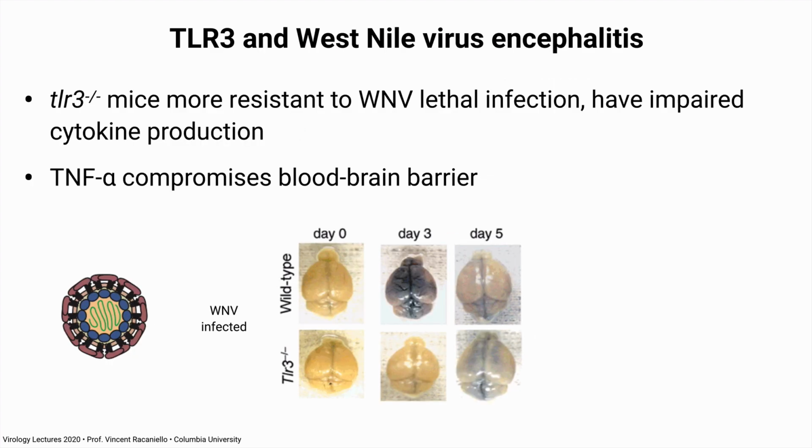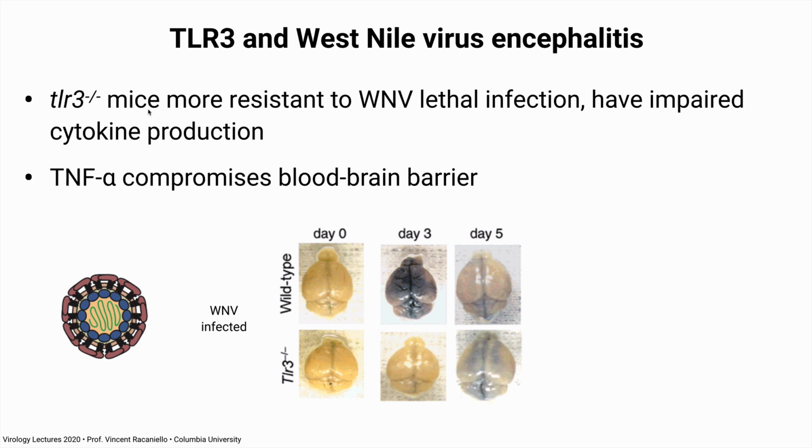Another example, West Nile virus: in about 5% of infected individuals can develop encephalitis, an infection of the brain. Mice lacking the toll-like receptor 3 gene are more resistant to lethal infection because they have impaired cytokine production.